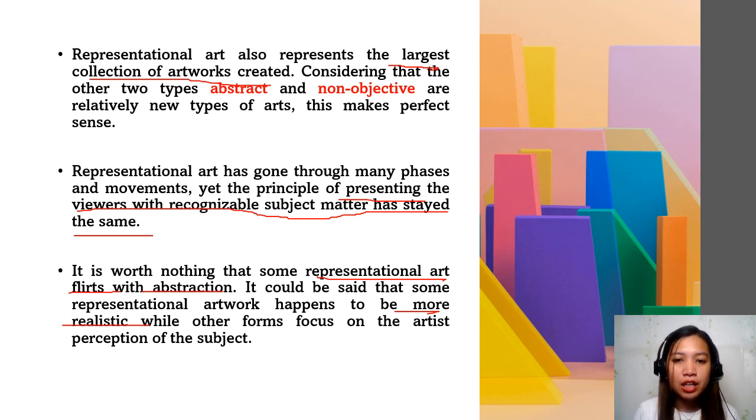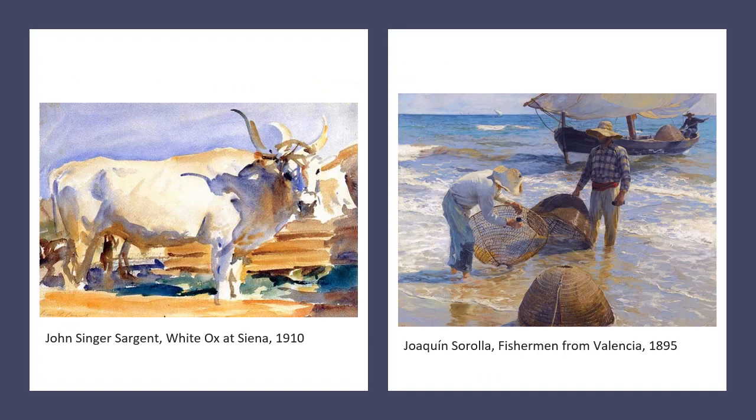So there can be an instance where representational art is influenced by abstraction, but still we can identify the clear subject matter. These are some of the examples of representational art.